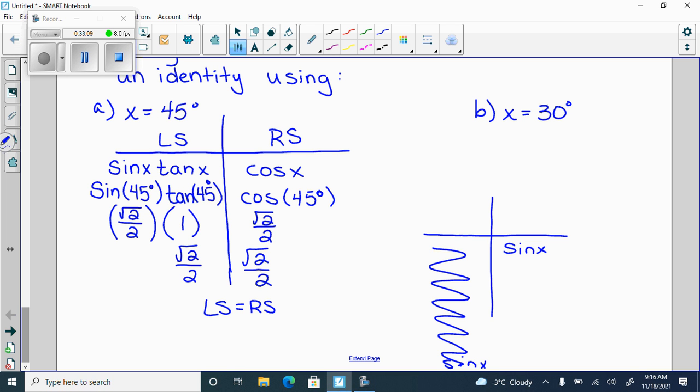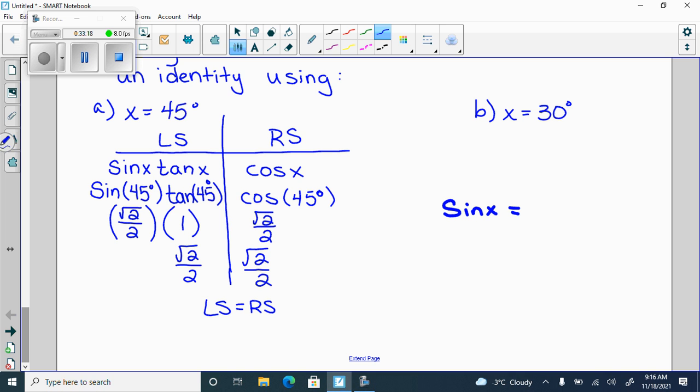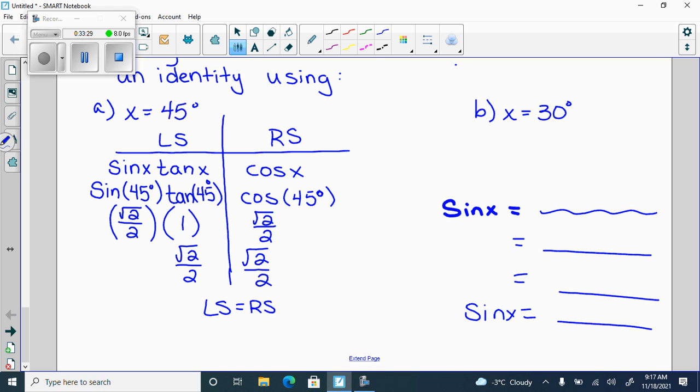I always used to do it without the t-chart, but then people got lazy, and I didn't realize they would just go like this. You go sine x equals, and then it'd be sine x cos x and so on, and they'd keep going down here, and eventually, oh yeah, sine x. The moment you don't write this sine x the whole way down, you've not done a proof or a verification. So you have to have a left side and a right side and every single equal sign if you don't do the t-table.